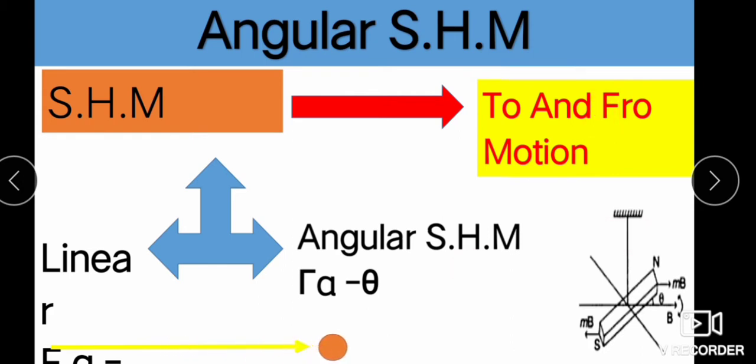In the angular SHM, the torque responsible for rotation is directly proportional to angular displacement, and both are oppositely directed. Means if the angular displacement is in the anticlockwise direction, torque will be developed to bring it to the clockwise direction, and if the angular displacement is in the clockwise direction, torque is developed to restore it in the anticlockwise direction.